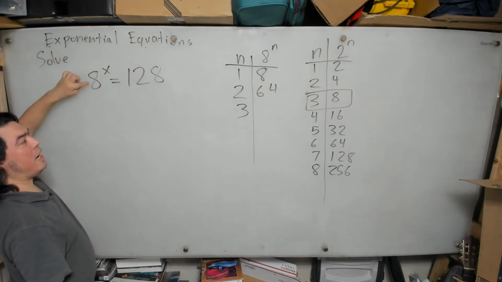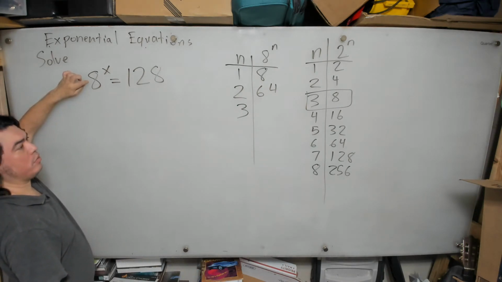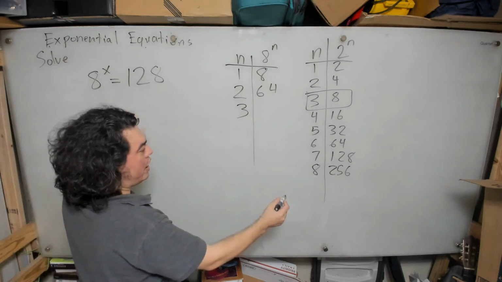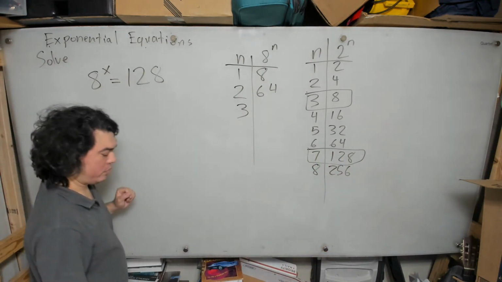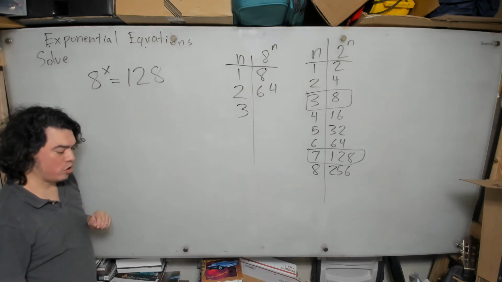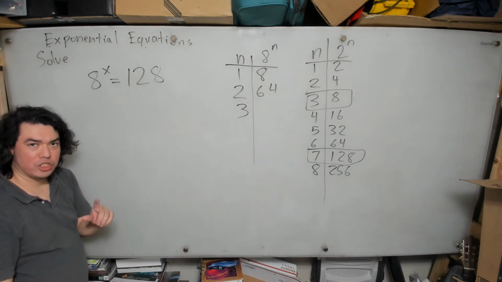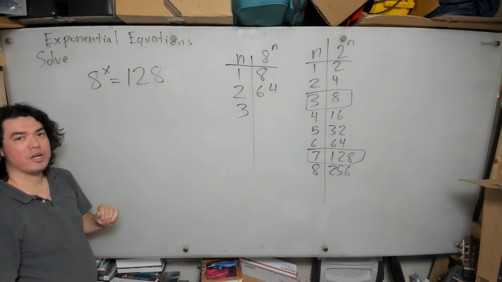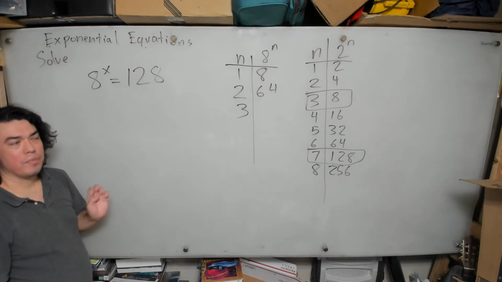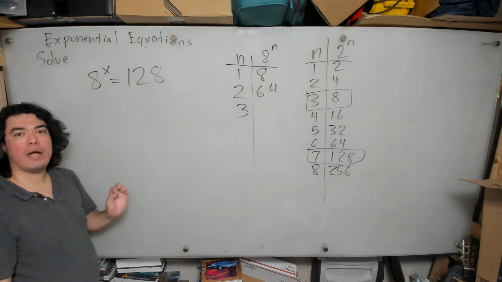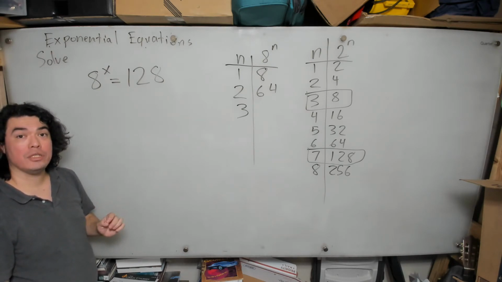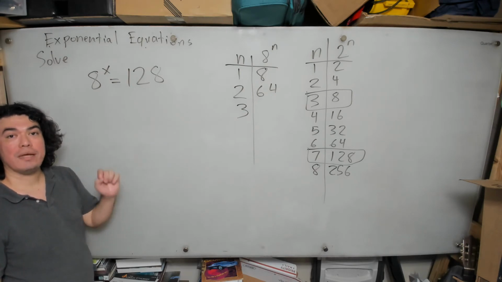I can write 8 as 2 to the cube power. And I can write 128 as 2 to the 7th power. And so remember, our basic strategy that we had mentioned very early on, a couple of lectures ago, was that we were going to attempt to write both sides of the exponential equation as powers of the same base.